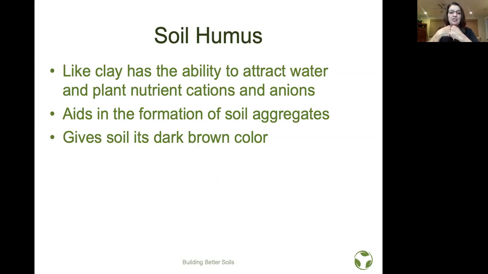So one of the strategies that I like, and this relates to the chemistry that we're going to talk about in a little bit, is when you put on mulch, especially now is a great time to do it because you can do it before the winter rains, and mixing some of the fertilizer like phosphorus in with it, which doesn't leach, but will be more available for plant growth in the spring. And also the humus itself aids in the formation of soil aggregates. It's what gives our soil its dark brown color.